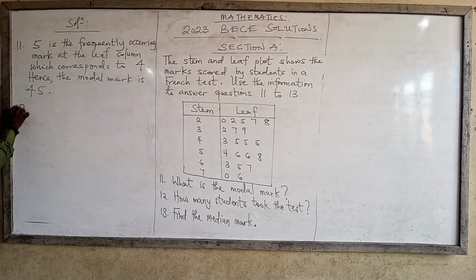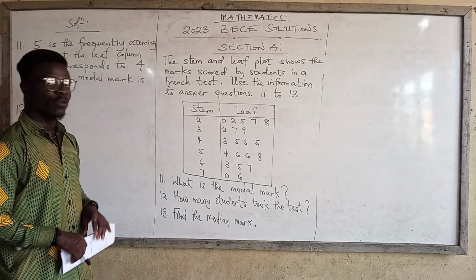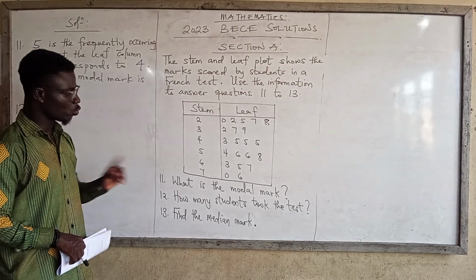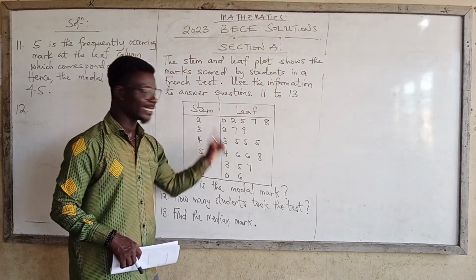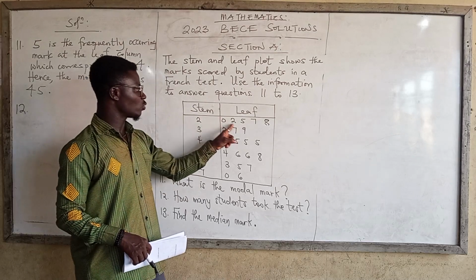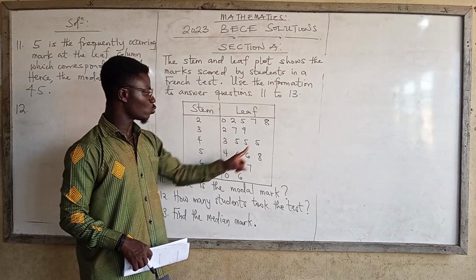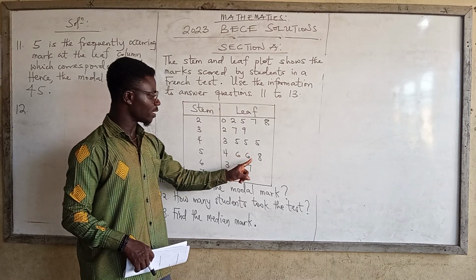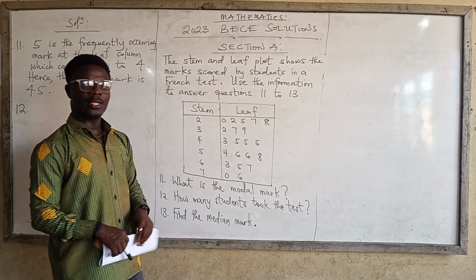Alright, so let's proceed to question 12. How many students took the test? How do we find the number of students who took the test? We don't add the figures, but rather count the figures. We have 1, 2, 3, 4, 5, 6, 7, 8, 9, 10, 11, 12, 13, 14, 15, 16, 17, 18, 19, 20, 21.